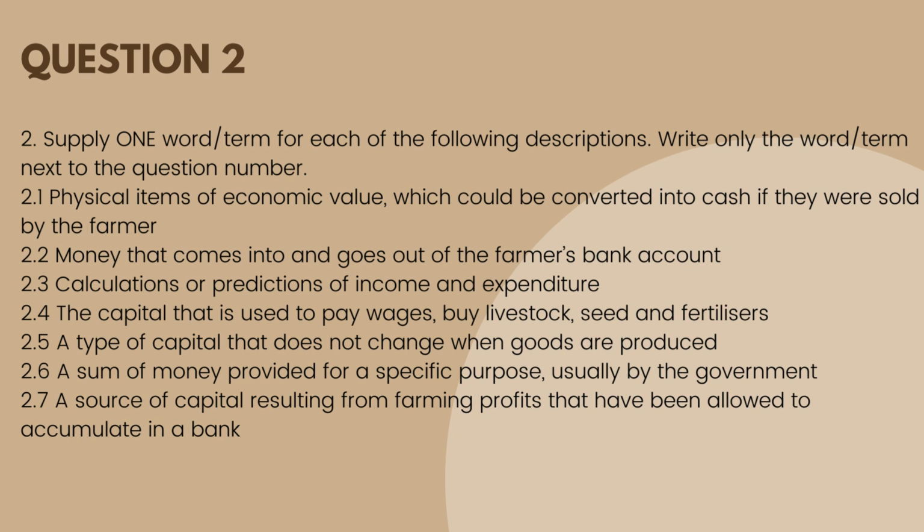Then we've got calculations or predictions of income and expenditure. This refers to the budget. Now, take your time for the next one. The capital that is used to pay wages, to buy livestock, seed, and fertilizers.